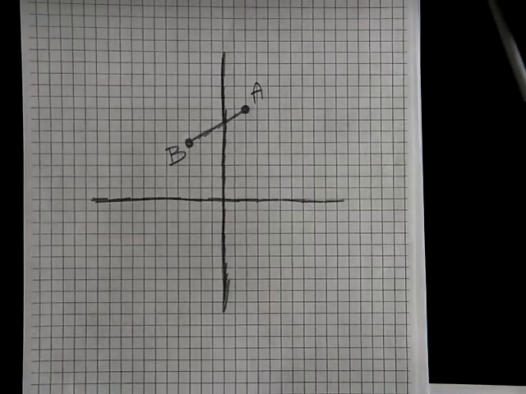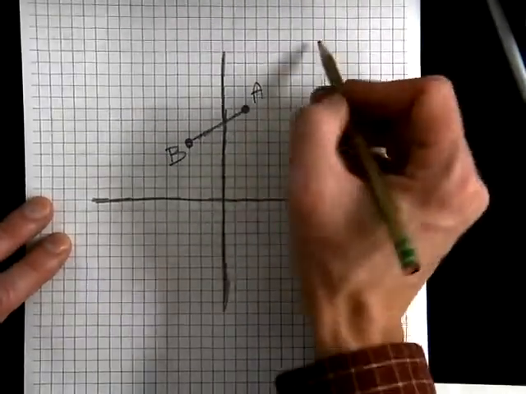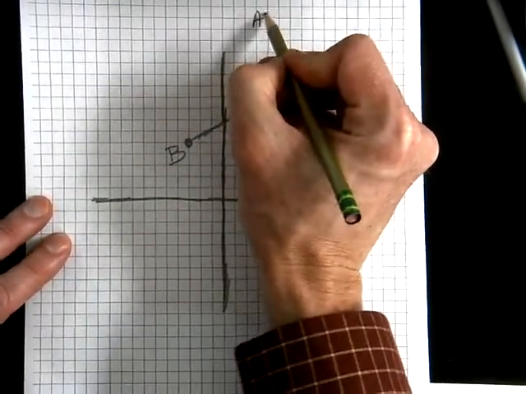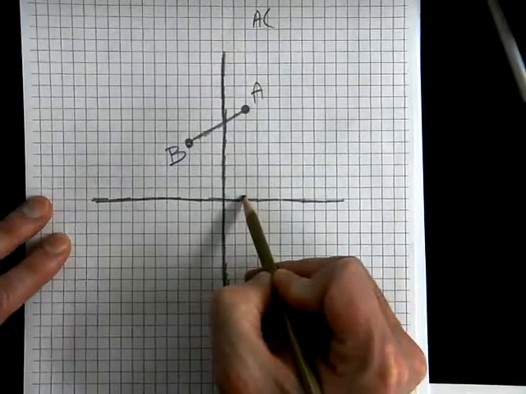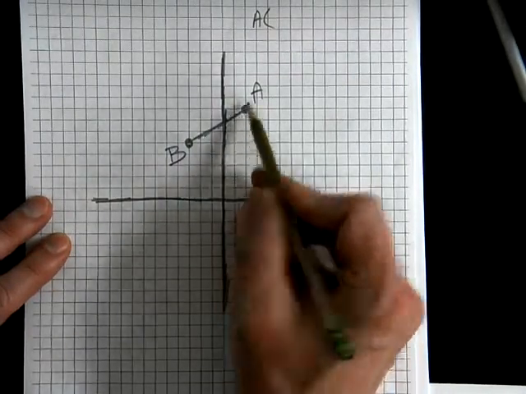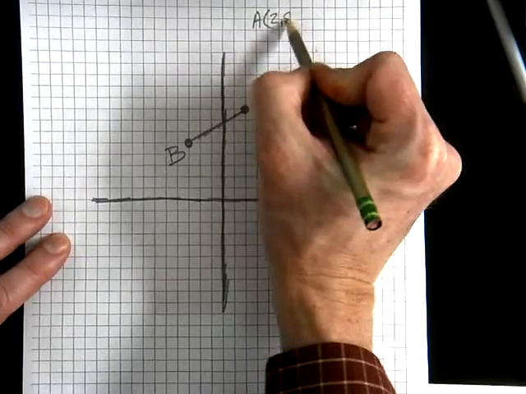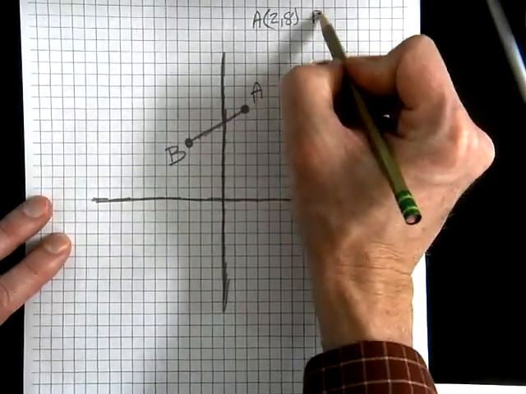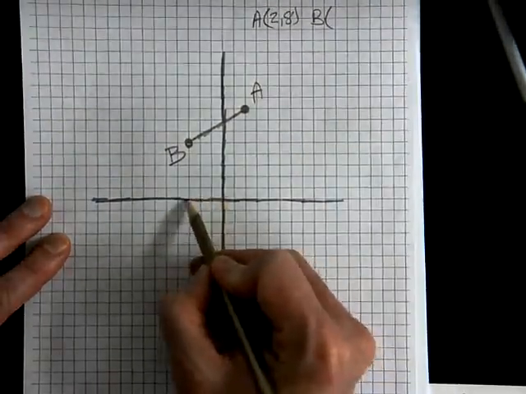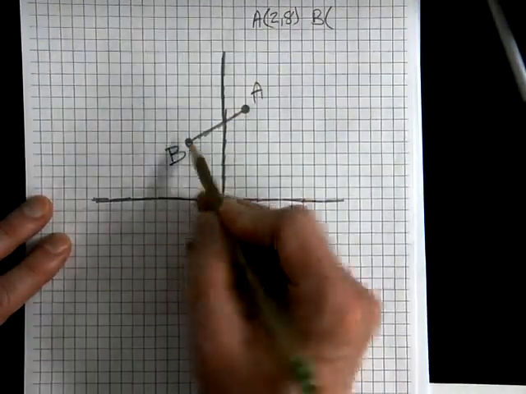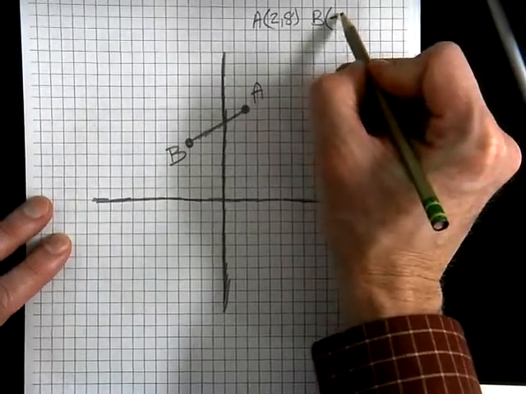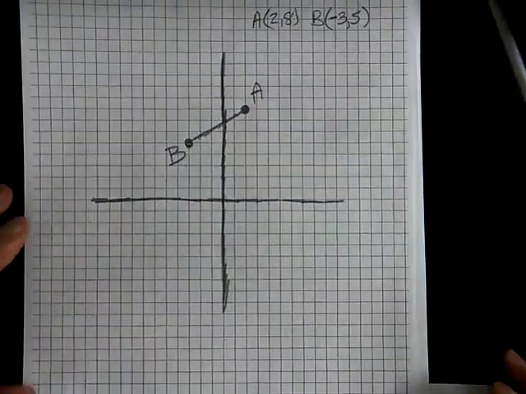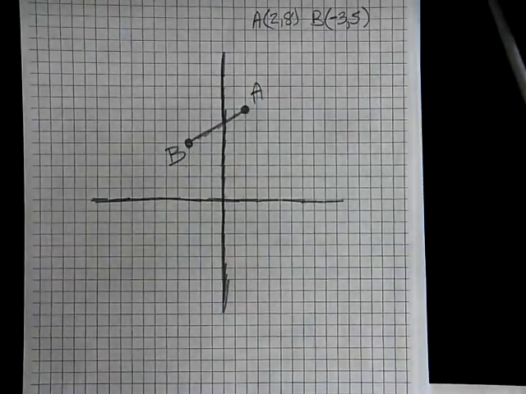In segment AB, we have our original point A, which is 2 to the right, 8 up: (2, 8). And B is 3 to the left, 5 up. So those are our original points.